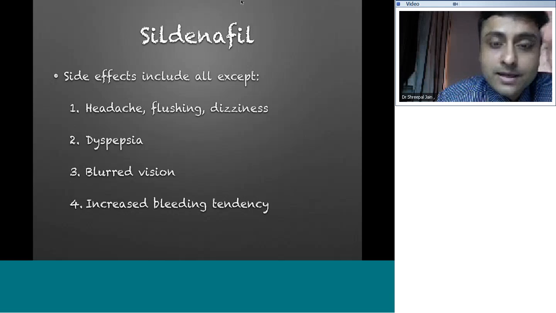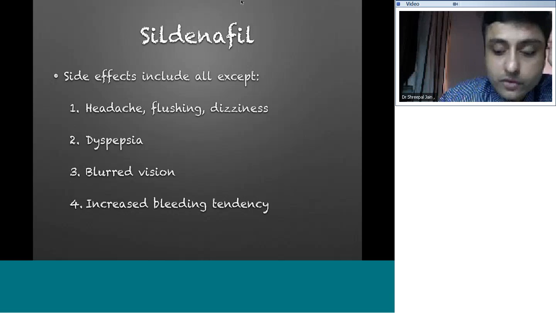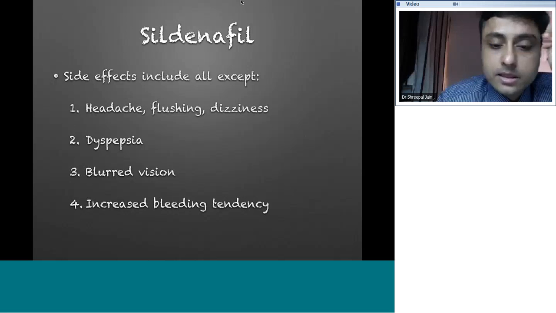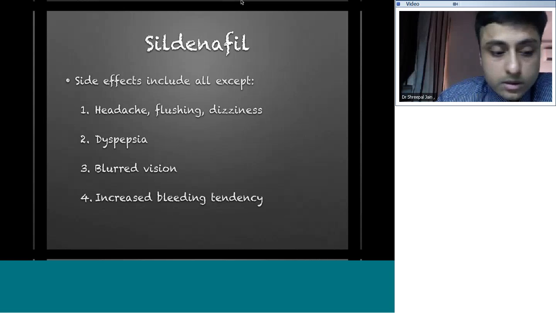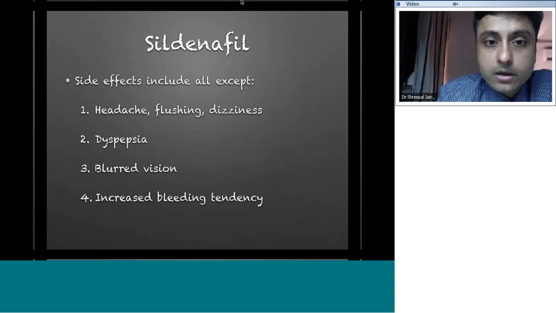All these are side effects of sildenafil, including increased bleeding tendency, because sildenafil acts even on phosphodiesterase 6, which is a receptor within the platelets, producing decreased platelet aggregation, and as a result increased bleeding tendency. Headache, flushing, dizziness because of systemic hypotension, dyspepsia because it relaxes your lower gastroesophageal sphincter, and blurred vision because phosphodiesterase receptors are even present in the posterior portion of your eye, in the retina.